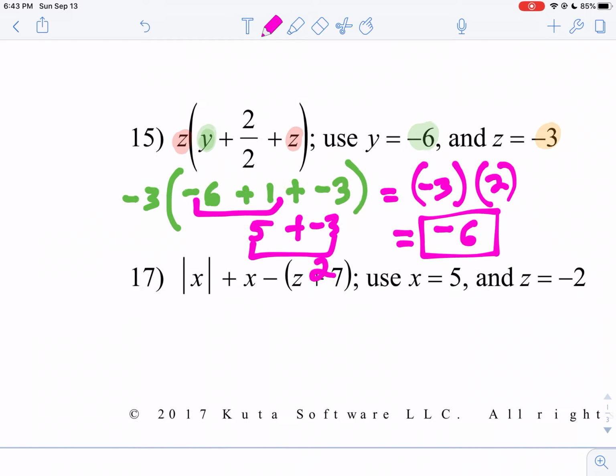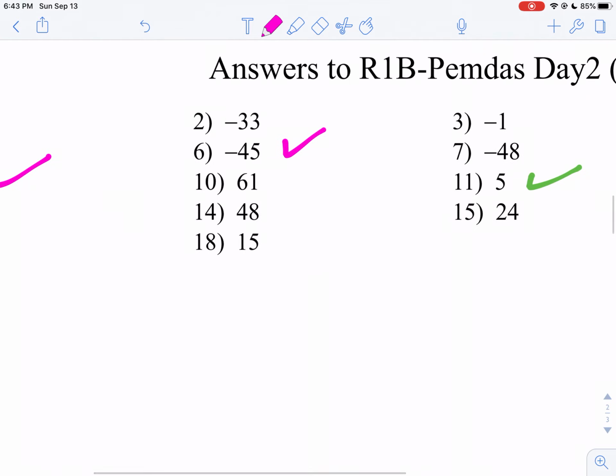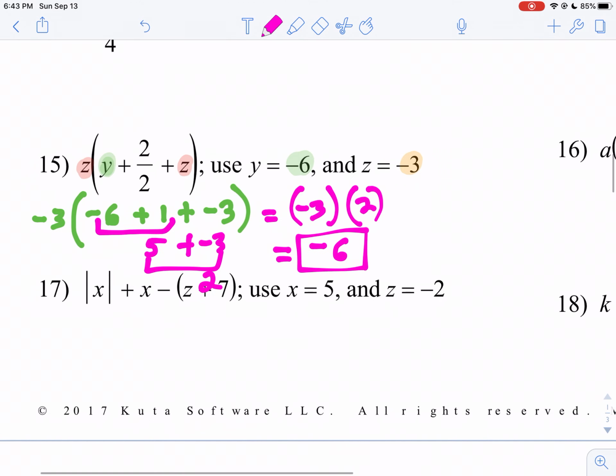All right, check your answer here. Number 15. 15 is 24. Oh, I made a mistake. It is not right. What did I do wrong? Let's see. Did I do the substitution wrong? Let's go back and check. So my z is -3. My y is -6. 2 divided by 2 is 1.